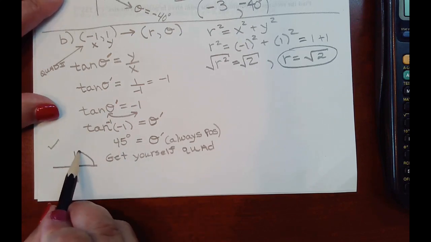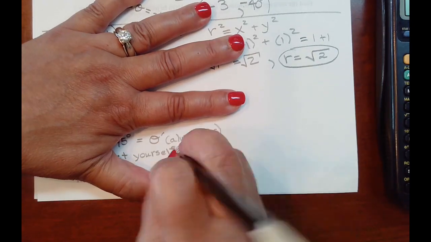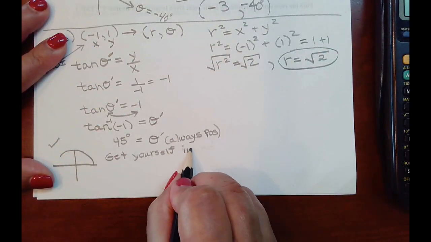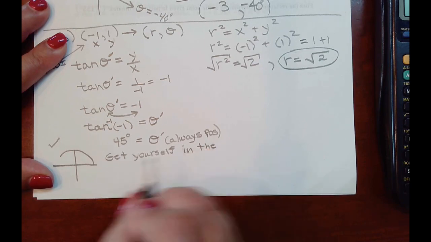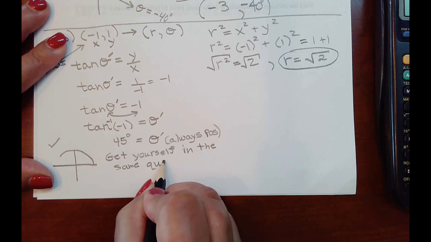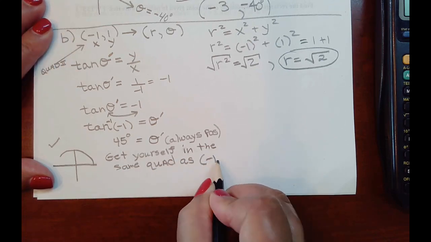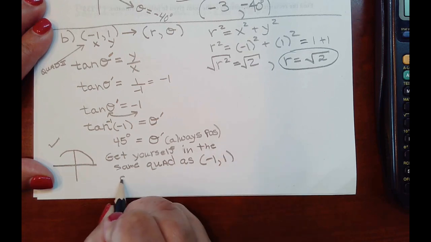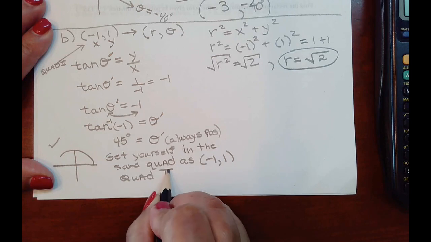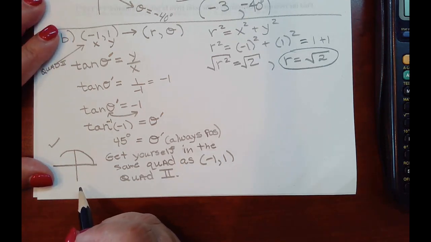Okay, get yourself rotated over, get yourself in the proper quadrant. And I'll be more specific, in the same quad as the original point, -1, 1, which is quad 2. We are trying to figure out what the real theta is, but that's all about the reference angle.